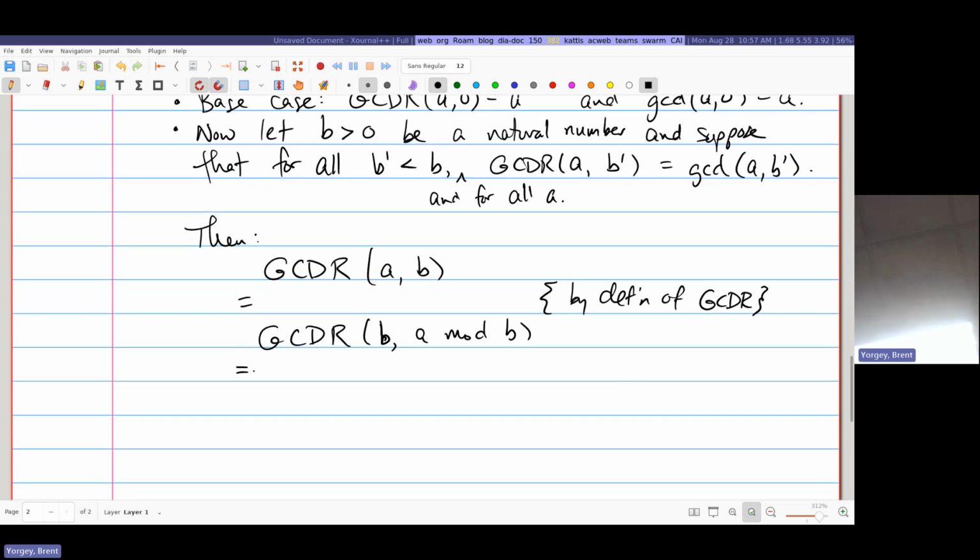Now, again, A mod B is less than B. So because of our induction hypothesis, we are assuming that this is equal to little GCD of B, A mod B.